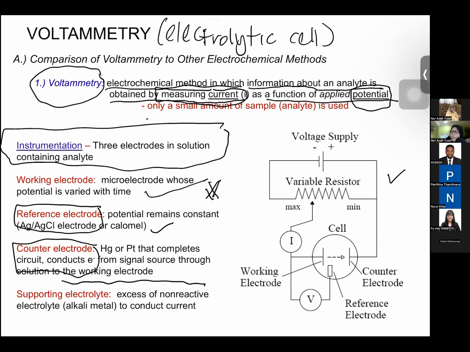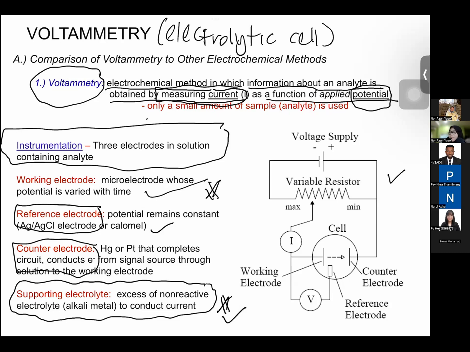For most electrochemical methods, they require electrolyte. There are some where you can probably use solid electrolyte, but most electrochemical methods work only in wet condition. They require supporting electrolyte. That is the most important in voltammetry: the three electrodes, working, reference, counter, and the condition with supporting electrolyte.